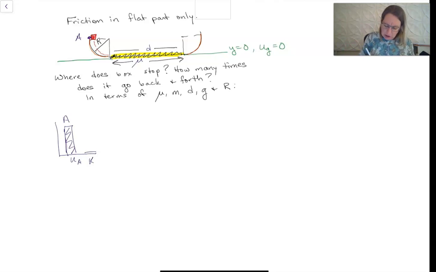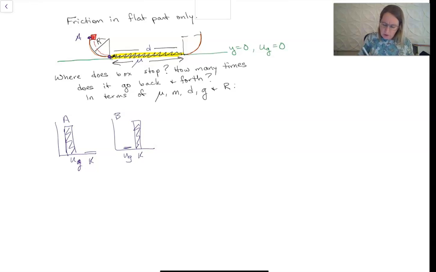Okay, then I could look at point B, and if I look at point B, well, now all of that energy has gone into kinetic. I have no gravitational potential energy, and I still haven't lost any to thermal.